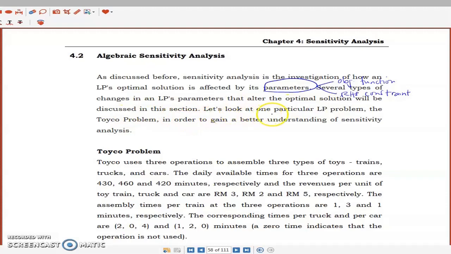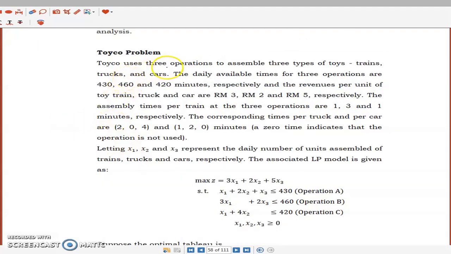Let's look at one particular LP problem named the Toyco problem in order to gain a better understanding of sensitivity analysis. Toyco uses 3 operations to assemble 3 types of toys: trains, trucks, and cars. The daily available times for the 3 operations are 430, 460, and 420 minutes respectively.